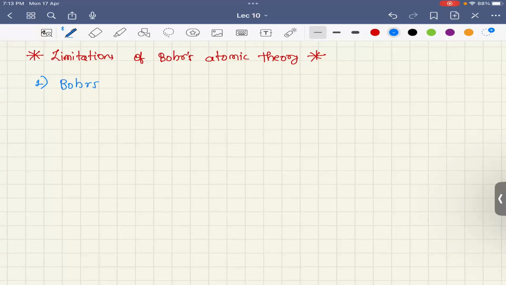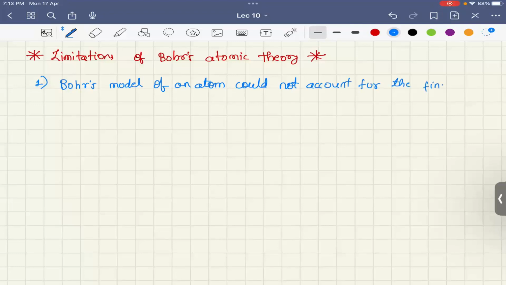So Bohr's model of an atom could not account for the finer details. Like for example, duplet. Let me use a different color for this.